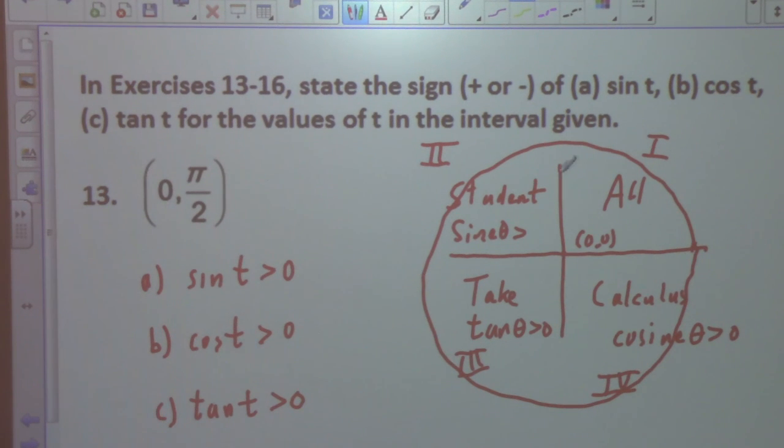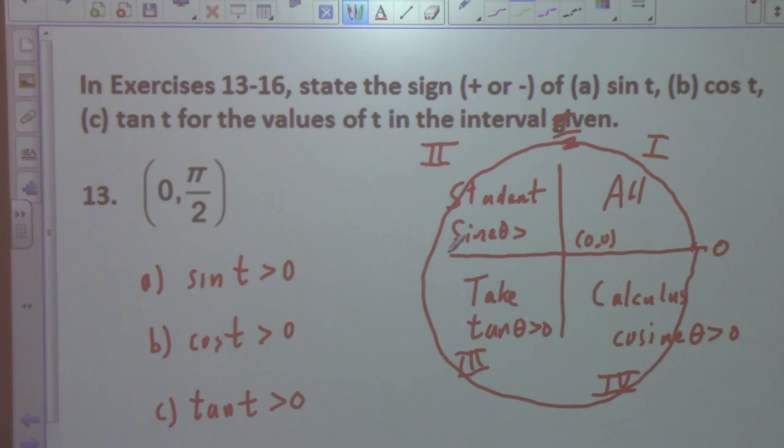And so this quadrant here is quadrant 1, because it's between the angle of 0 and pi over 2. What we're talking about is angles in this quadrant right here, quadrant 1. Does that make any sense? Okay, she doesn't sound convinced.